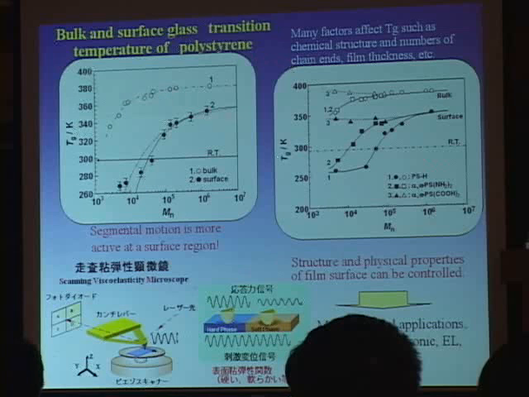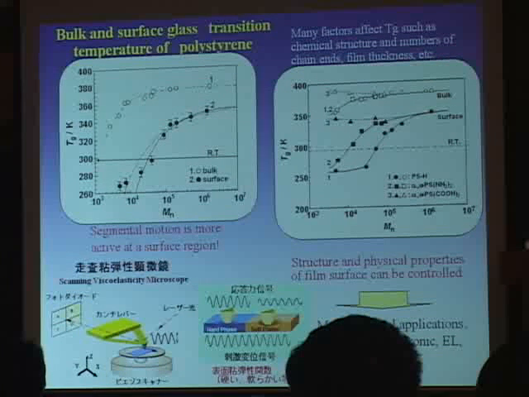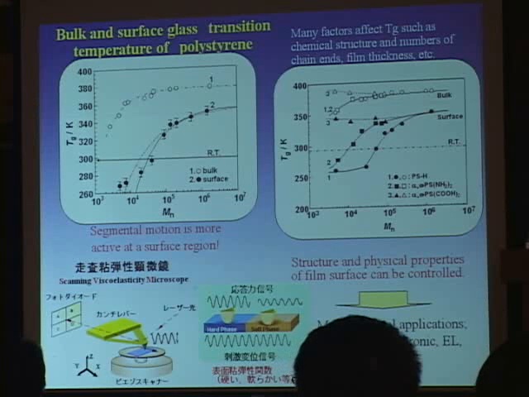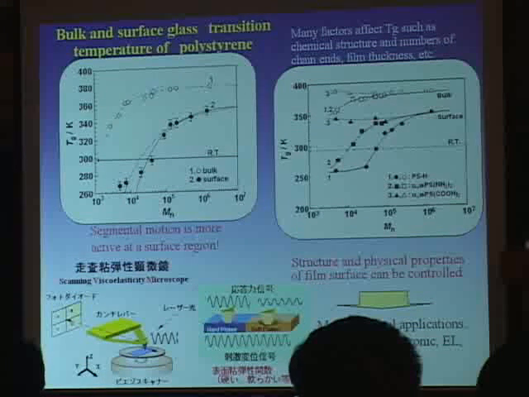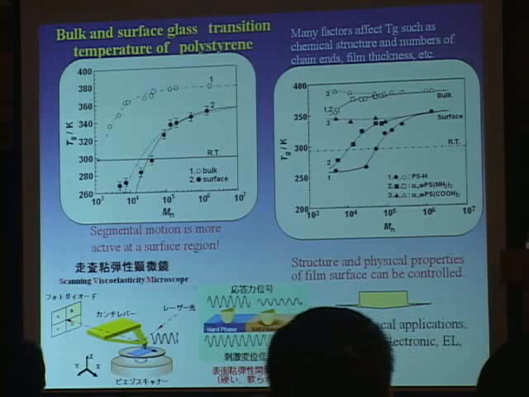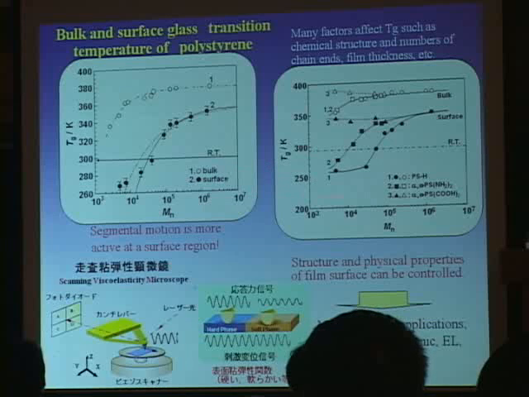The glass transition temperature depends remarkably on which area we look at. The surface glass transition temperature is very low as compared with the bulk, which means the surface is more active or more dynamic than the bulk. This is very important for making polymer thin films for any kind of solid devices. It is essential to know the thermal properties of these ultra thin films.